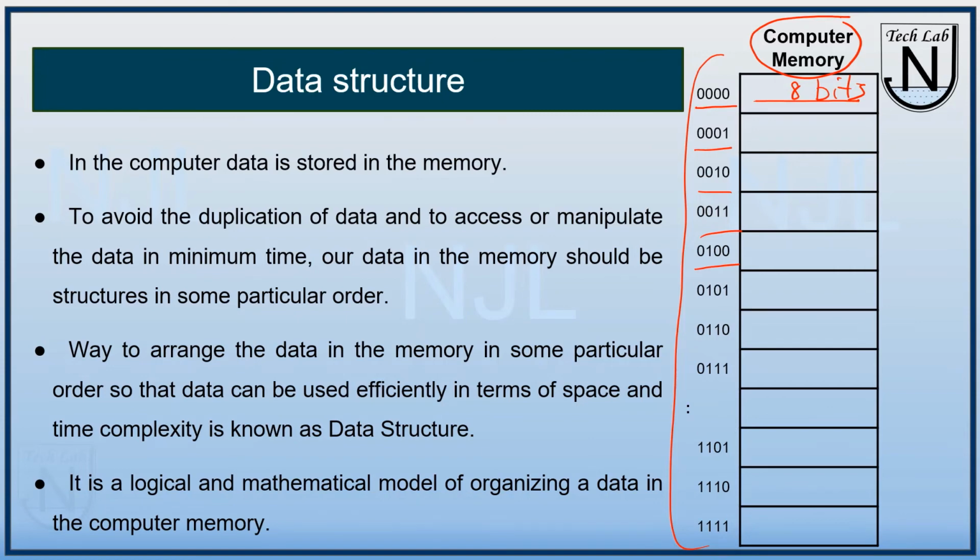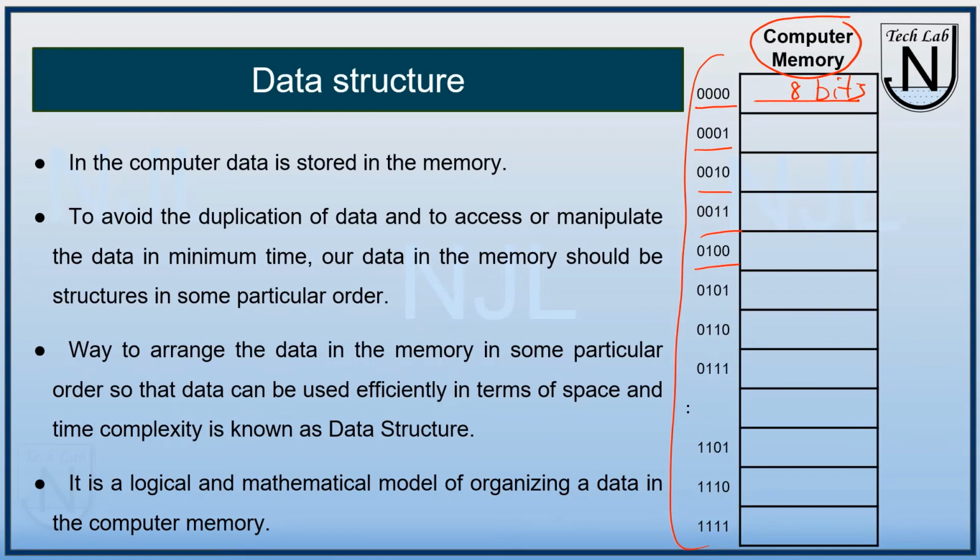So the main purpose of structuring the data in computer memory is to consider the two factors of time complexity and space complexity: our data should take less space and less time whenever we want to process or access the data from the memory.